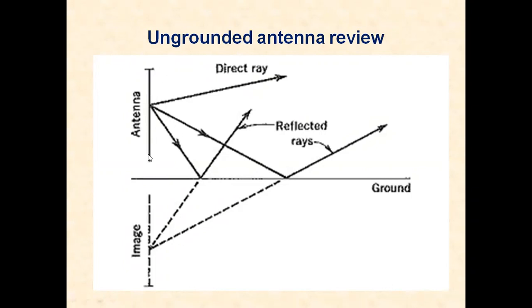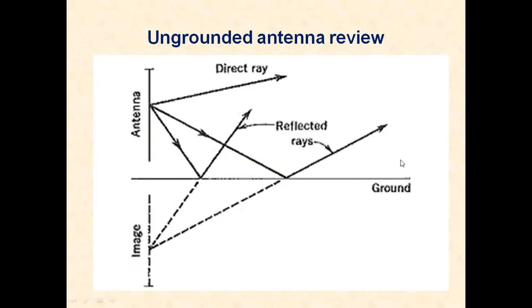This is the antenna. At a certain height, we have an antenna. By the same height below the ground, we assume that there is a mirror antenna existing. There are direct rays and ground reflected rays. These ground reflected rays are nothing but the waves that are propagating through the image antenna.